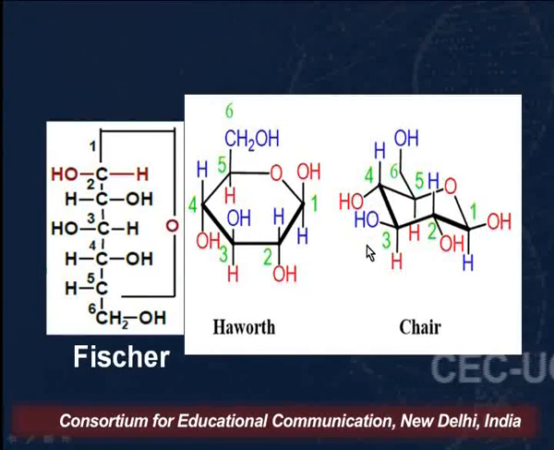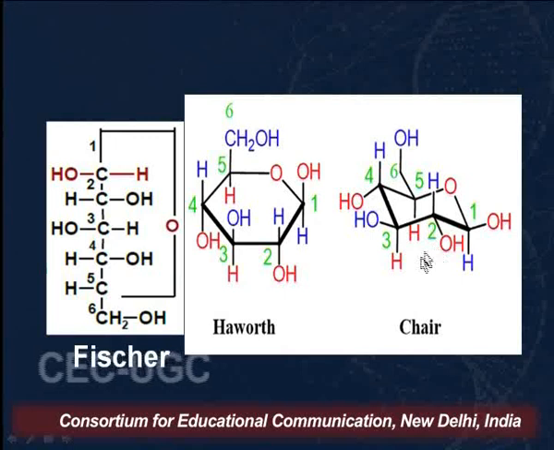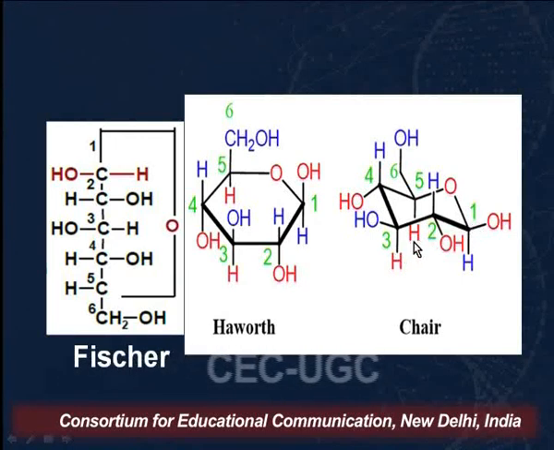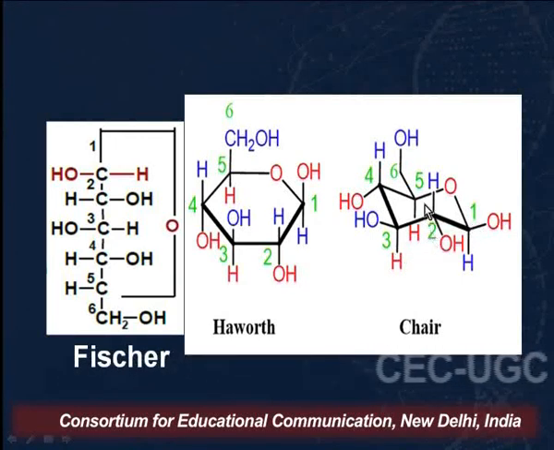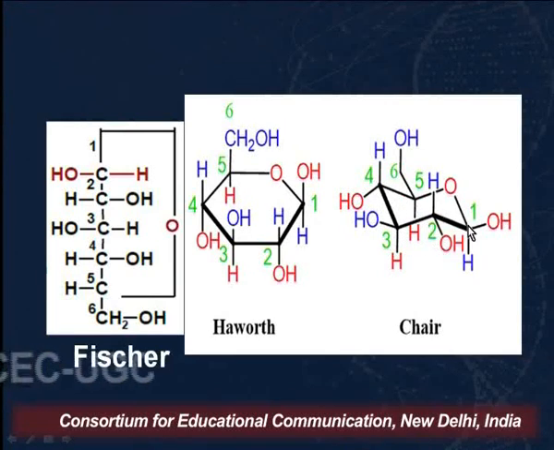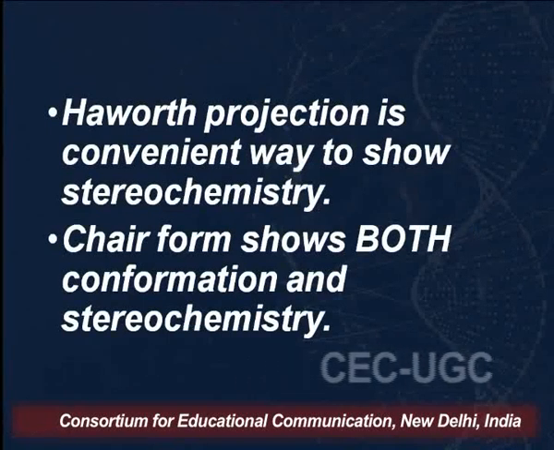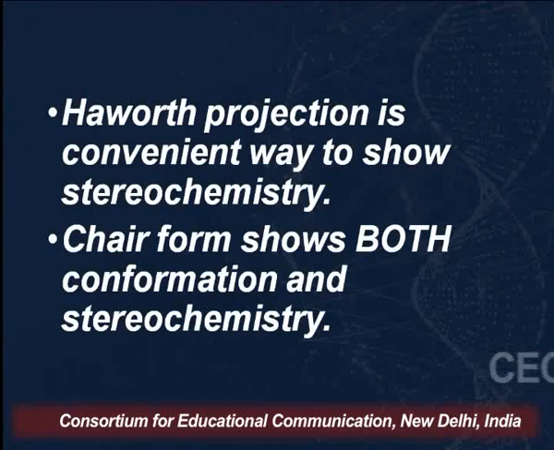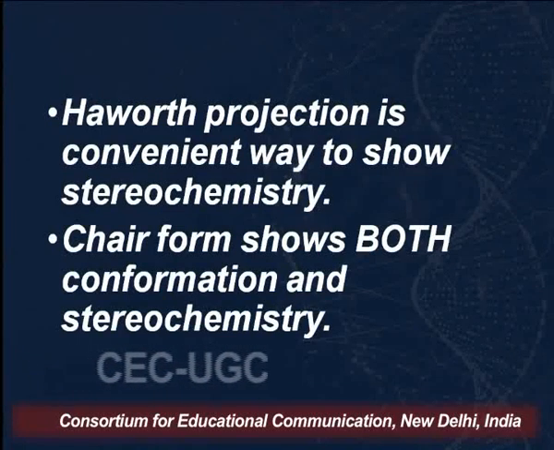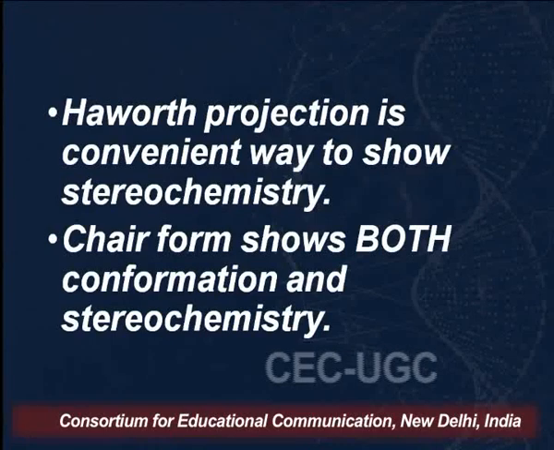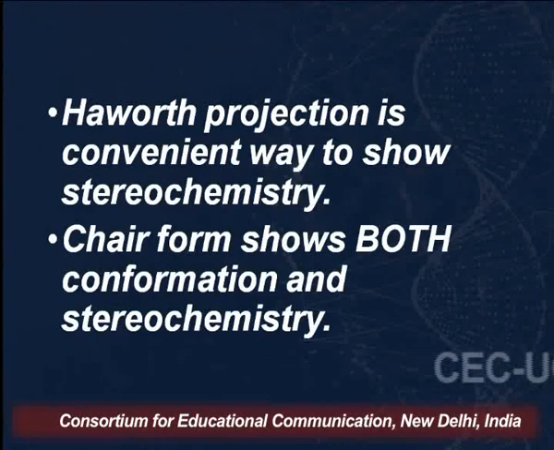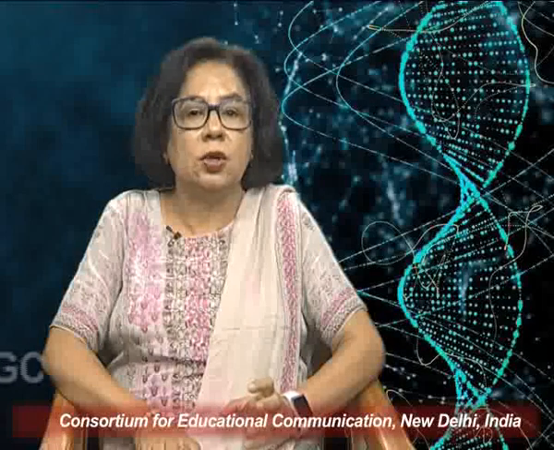And when we talk of the chair conformation, it is telling us clearly about the stereochemistry as well as the conformation. That is, we are representing glucose in its most stable form, which is the chair form. Just now we will also be discussing in which form glucose is prevalent in nature, whether it is prevalent in form of alpha D glucose or beta D glucose.